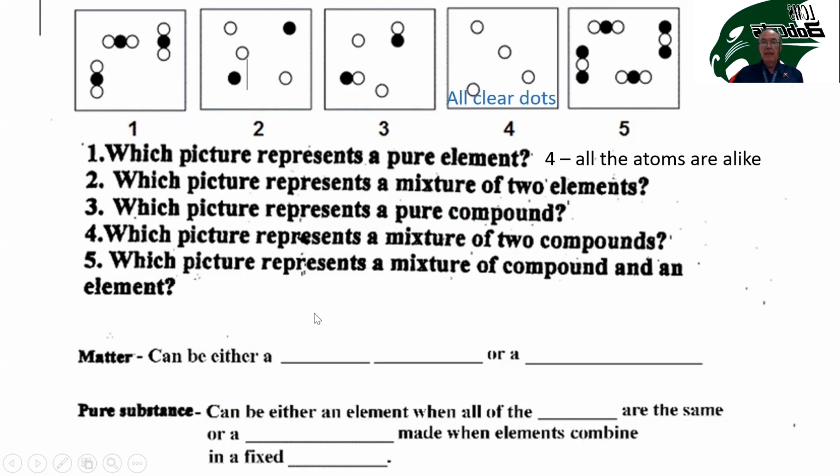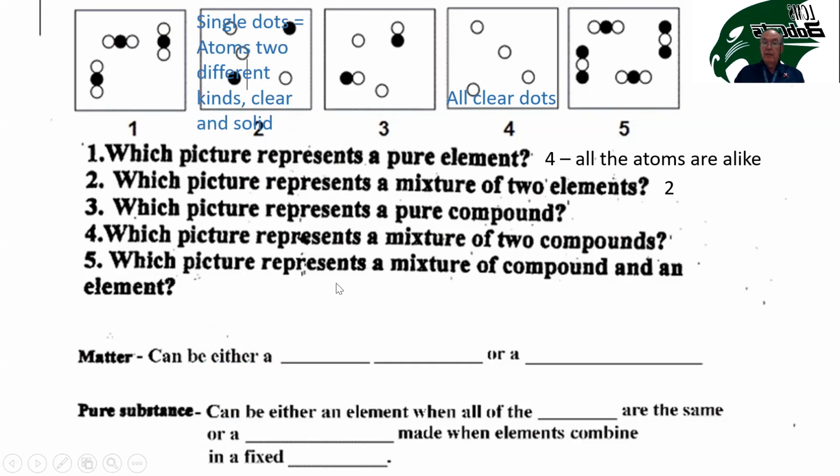Which picture represents a mixture of two elements? We want to look for the picture that has single atoms, not joined together, but they're not all the same. So that looks like it would be picture number 2. We have the clear ones and the solid ones. They're not connected to anything else, so they're elements, and there's 2 of them, so it's not pure.